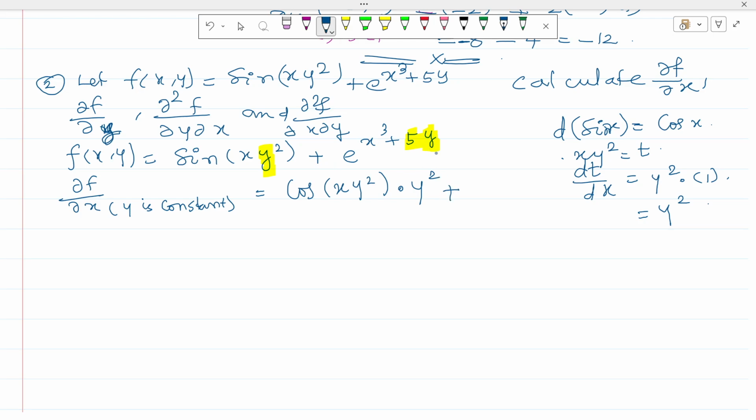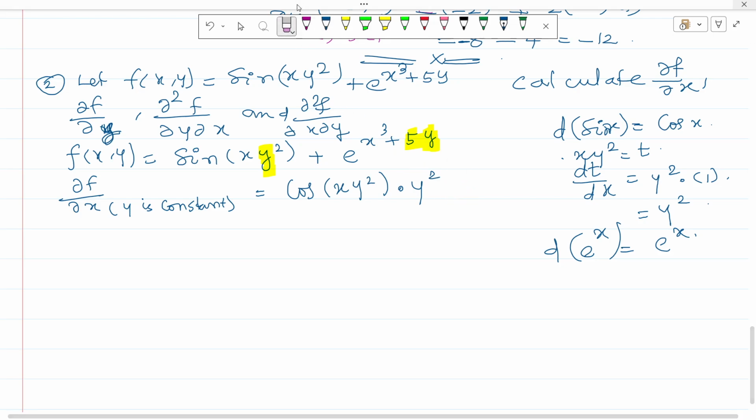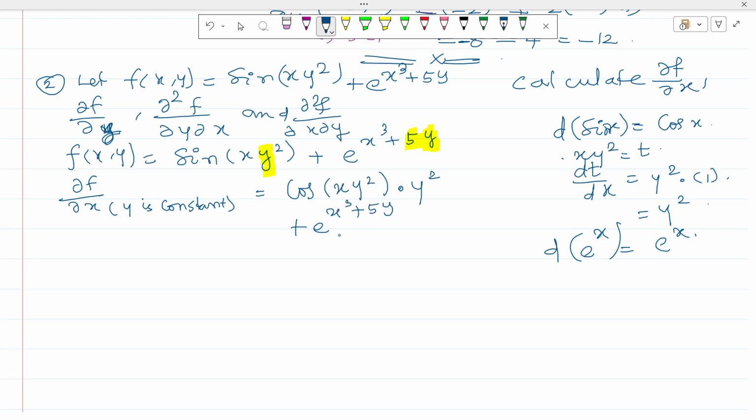Plus e power x cube plus 5y is there, then differentiation of e power x is e power x only, so therefore e power x cube plus 5y, and then in the x cube plus 5y you have to differentiate that x cube plus 5y with respect to x.